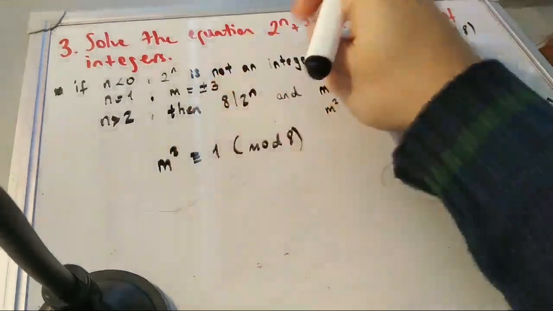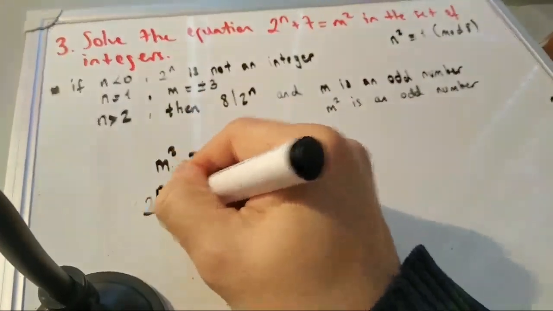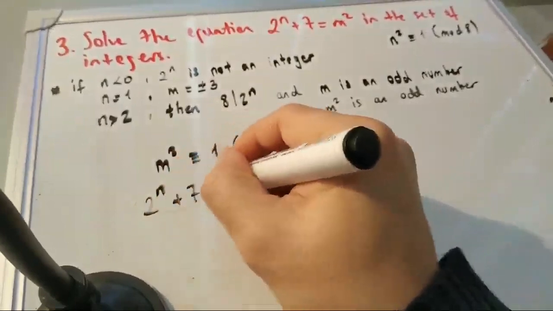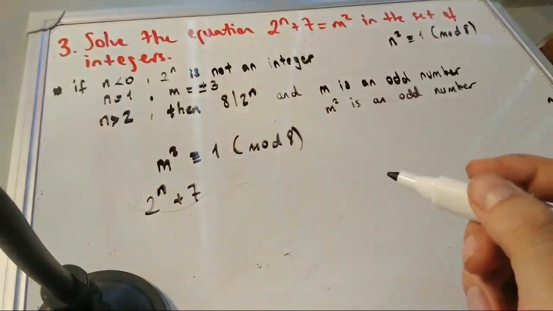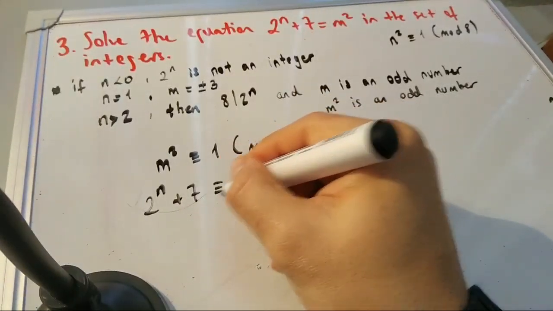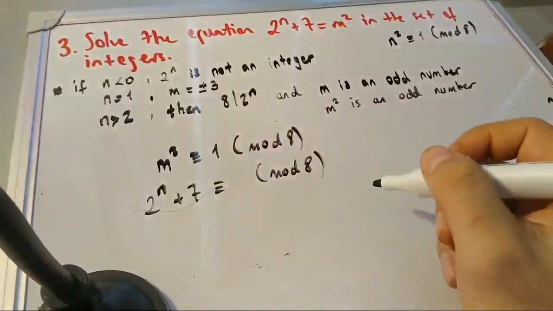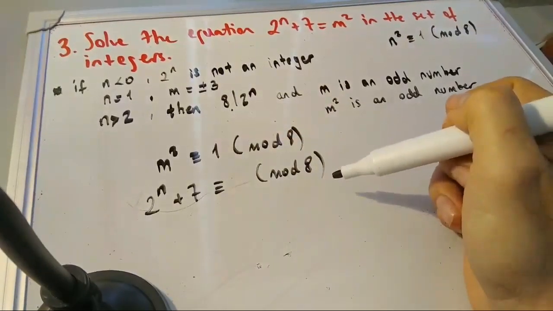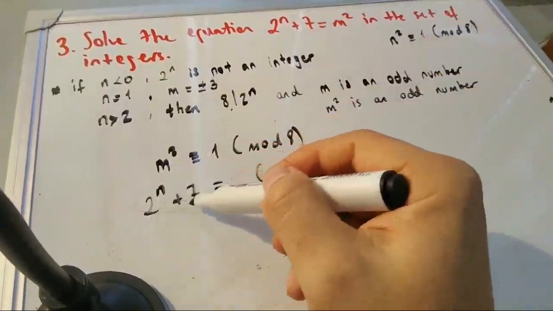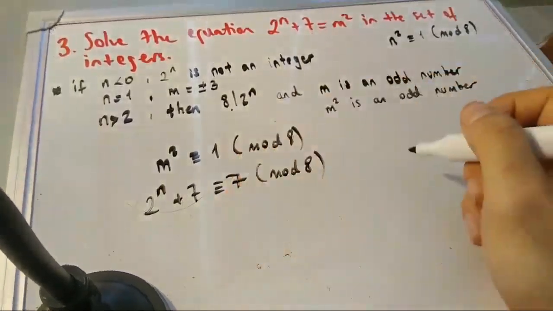And what is m squared? m squared is equal to 2 to the power of n plus 7, in mod 8. 2 to the power of n is divisible by 8, we said that here. So when we divide 2 to the power of n plus 7 by 8, what is the remainder here? 7 is left over.